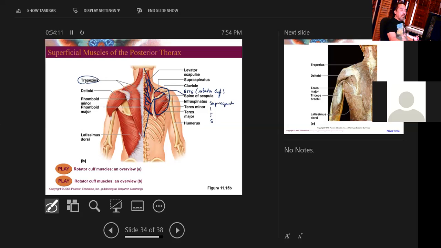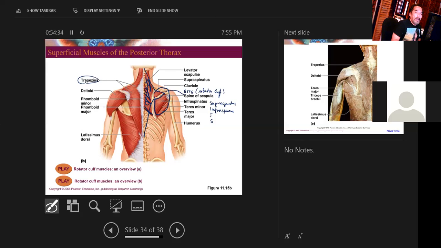The S is supraspinatus muscle. And you know where that muscle goes? At the supraspinous fossa. And then I, infraspinatus or infraspinous fossa.